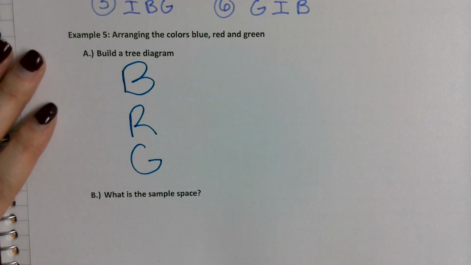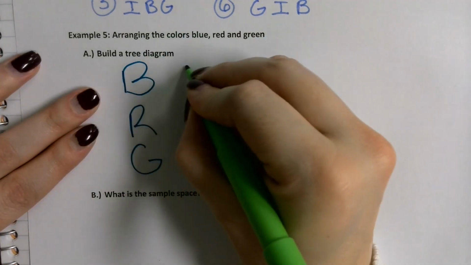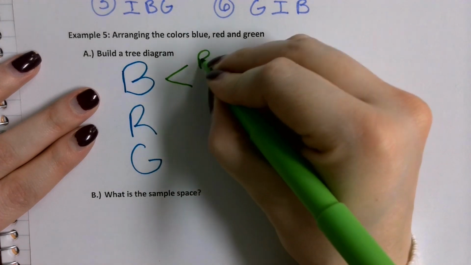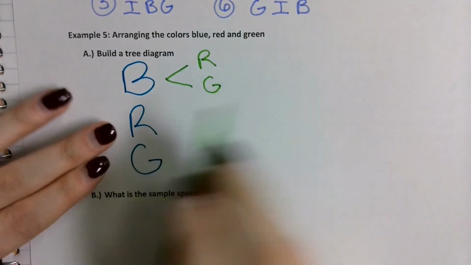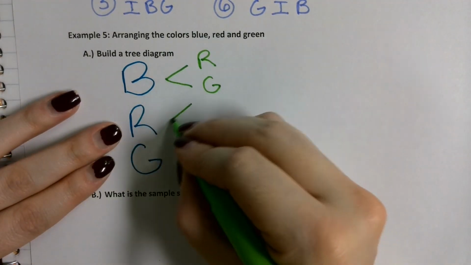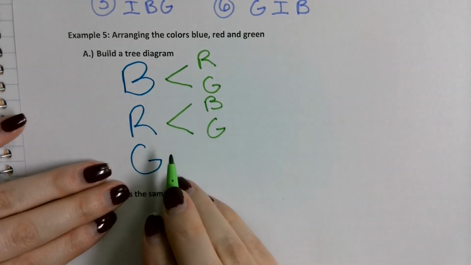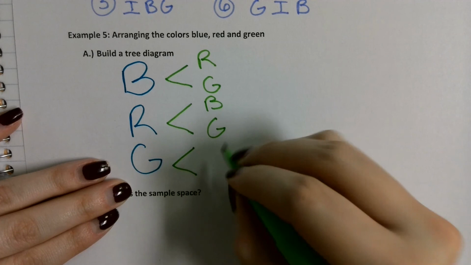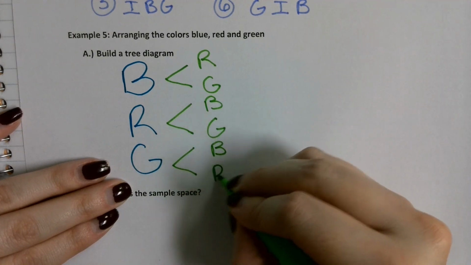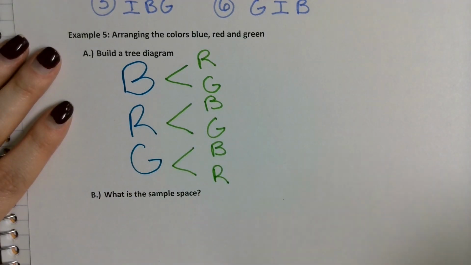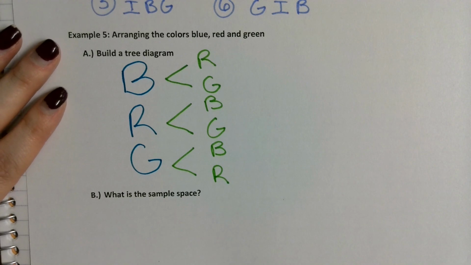But once I chose blue, then I only have red or green to choose from. If I chose red first, then I only had blue or green to choose from. And if I chose green, I only have blue or red to choose from. But then I still have to have a third color after that.